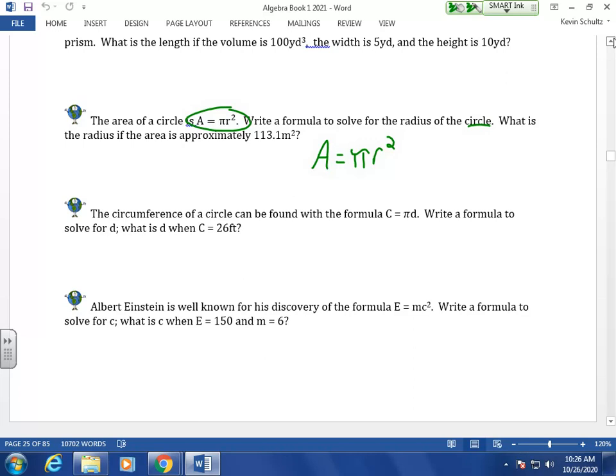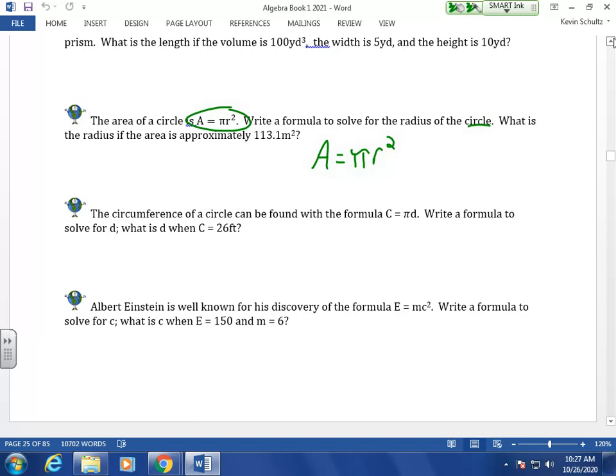Work through that order of operations backwards. If to solve the equation, we square r and then multiply by pi, to undo that, we would first... we're not going to root first.